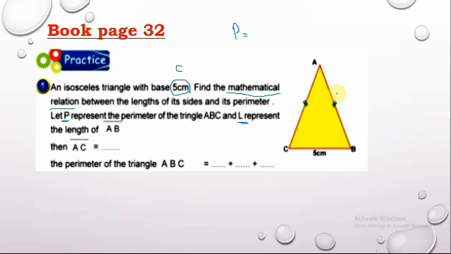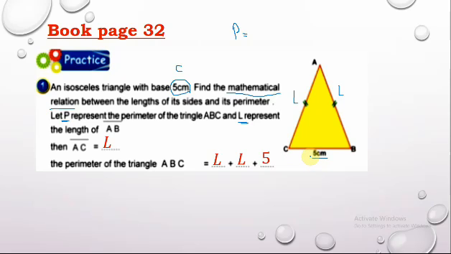Here is AB, this one is L. So AC is supposed to be, it's an isosceles triangle, also L. How do we get the perimeter of this triangle? The perimeter of the triangle is the sum of its side lengths. AB equals L, AC equals L, and CB equals 5.